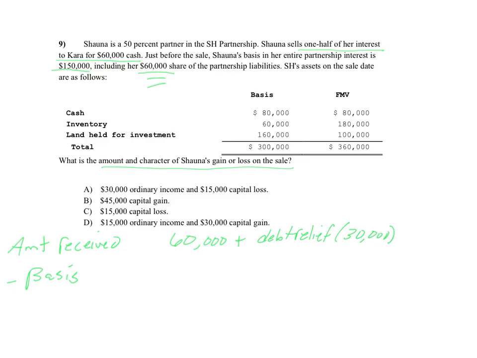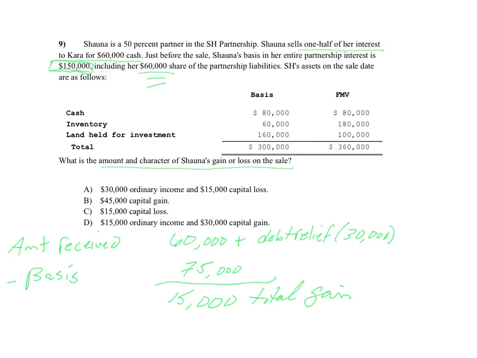And then what was her basis? Her basis in the entire partnership interest was $150,000. So her basis in the half interest that she's selling is $75,000. So now we have to figure out what her total gain is, okay? So her total gain is $90,000 minus $75,000, which is $15,000. And that's her total gain.